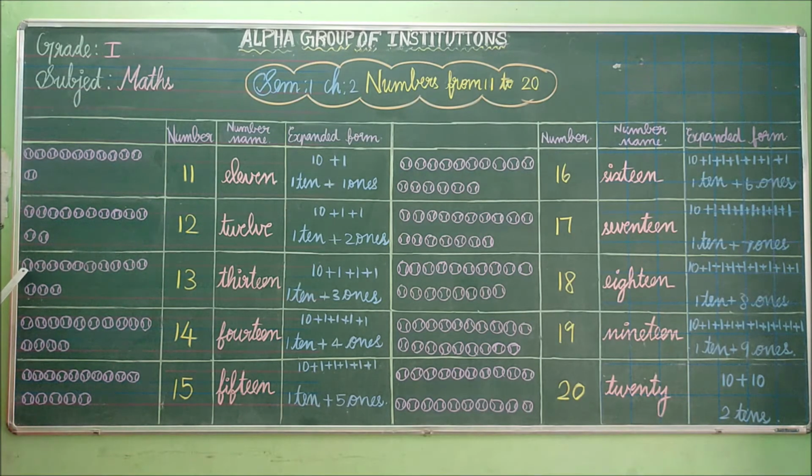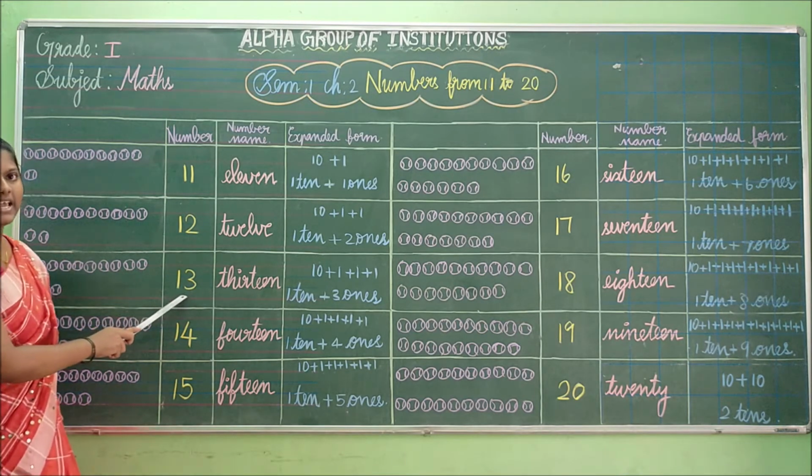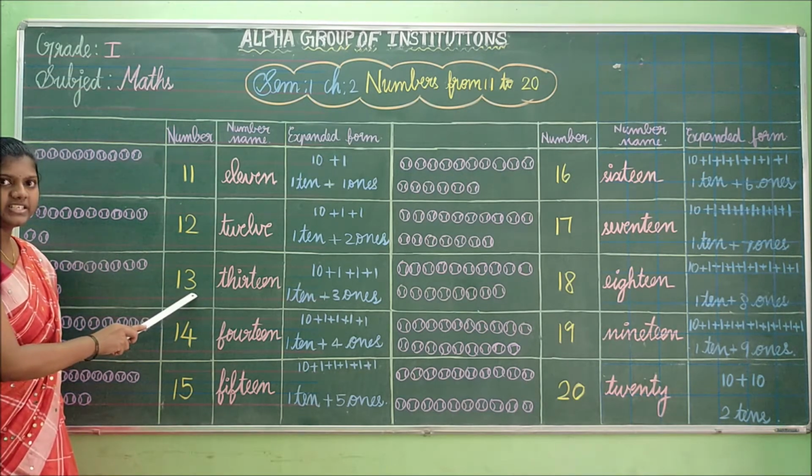Count with me. 1, 2, 3, 4, 5, 6, 7, 8, 9, 10, 11, 12. So after 12, what number will come? 13. So we represent this as the number 13.